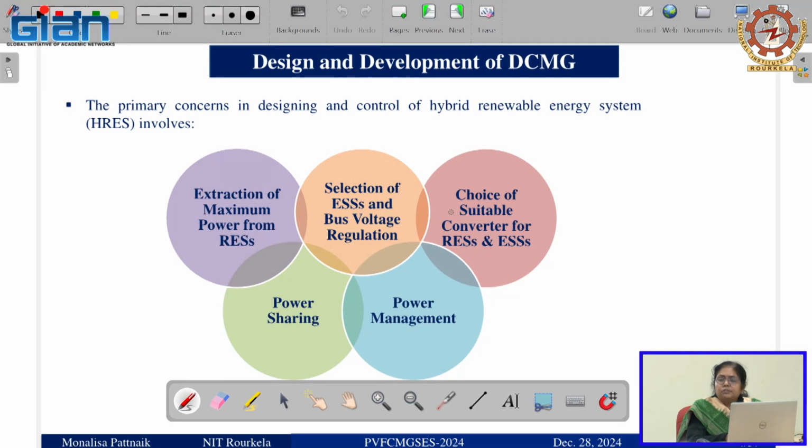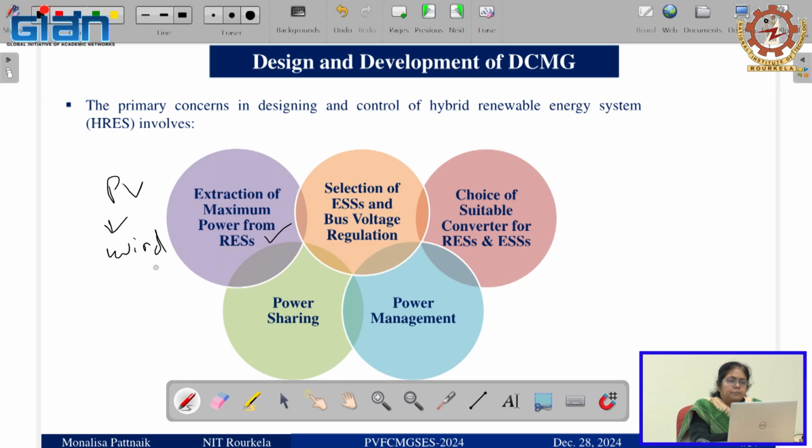Coming to the stages, when we go for the design and development, step by step, we have renewable energy sources, PV and wind, which have complementary characteristics, so that's why we are adding PV with wind. The main aim is to extract maximum power from these renewable energy sources.